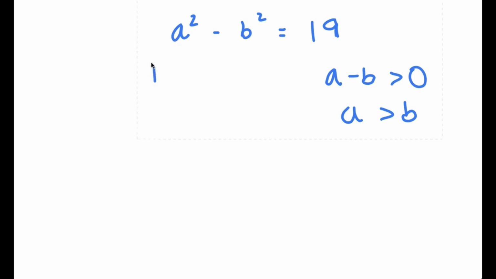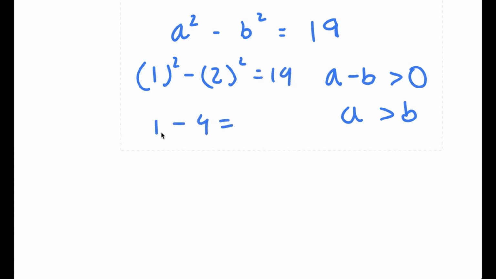Now I have 1 squared minus 2 squared is equal to 19. Well, 1 squared is 1 minus 2 squared is 4, and this is actually going to be a negative number. But as you can see, a squared minus b squared is a positive number. And the only way for this to be a positive number is if a is greater than b, because if b is greater than a, then this would be negative.